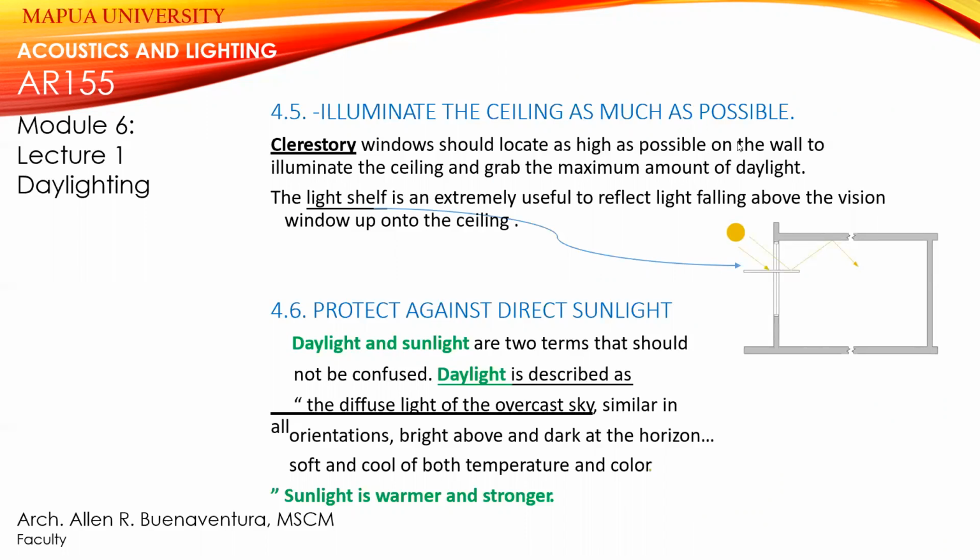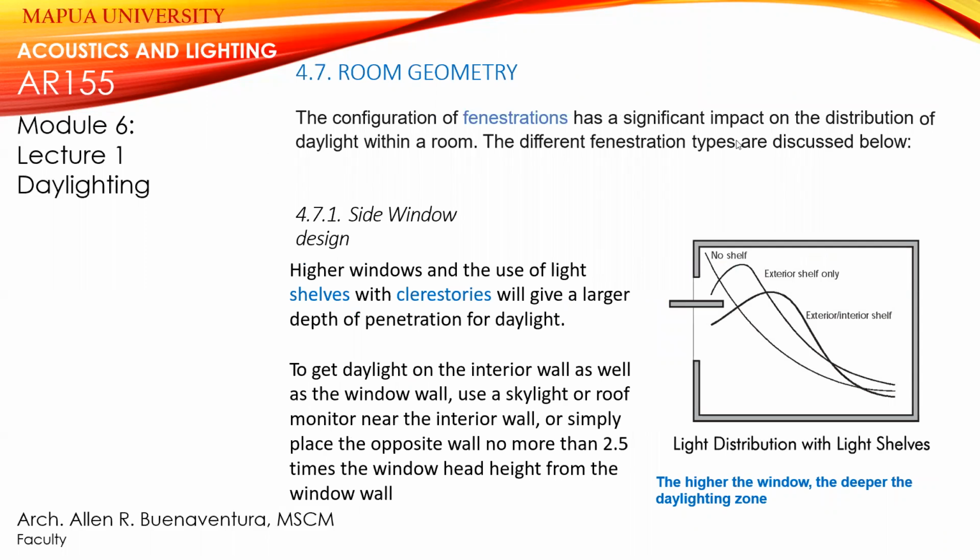Okay. So room geometry. The configuration of fenestration has a significant impact on the distribution of daylight within a room. The different fenestration types are discussed below. Number one is the side window design. Higher windows and the use of light shelves and clerestories will give a larger depth of penetration for daylight.